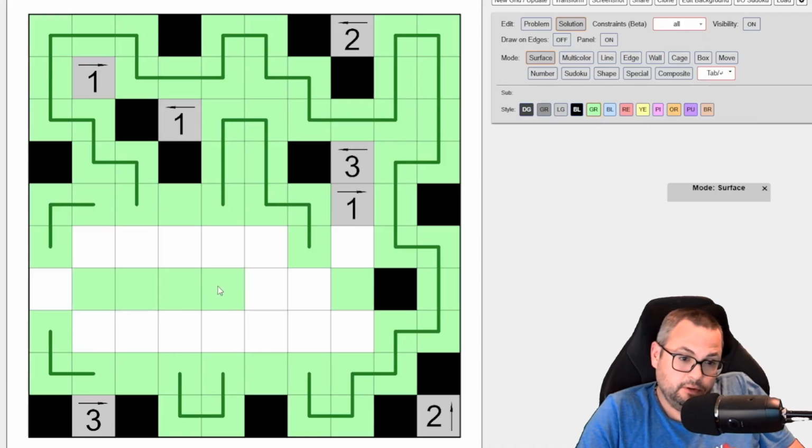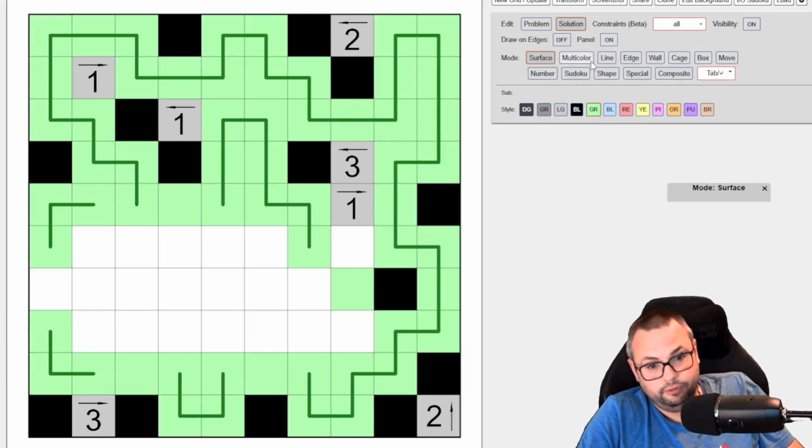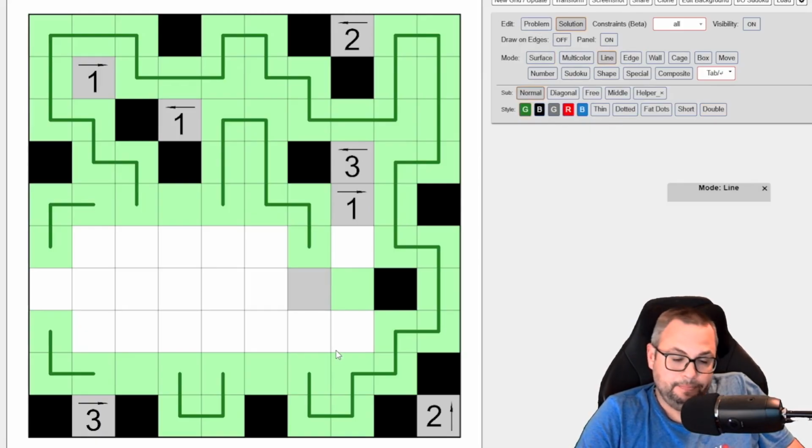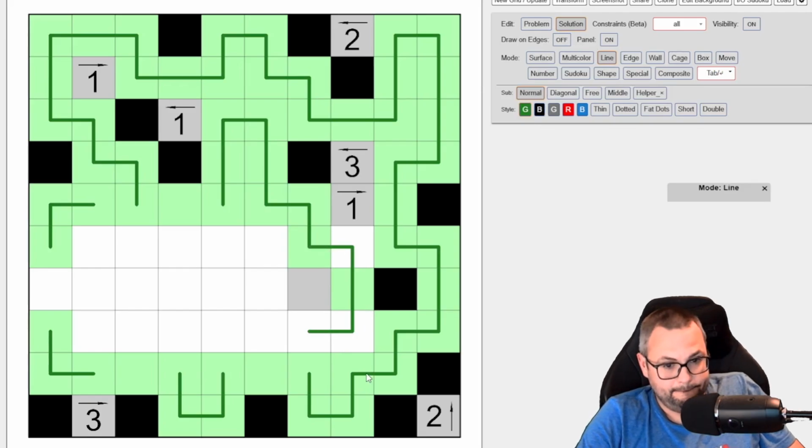Like, even tempted to put a clue slightly closer to it to use the 1. Or I could even just put a clue here, and then that uses this black without it needing to be a clue. I think that's a good idea. We'll try that. So that's going to force that there, that there, that there.